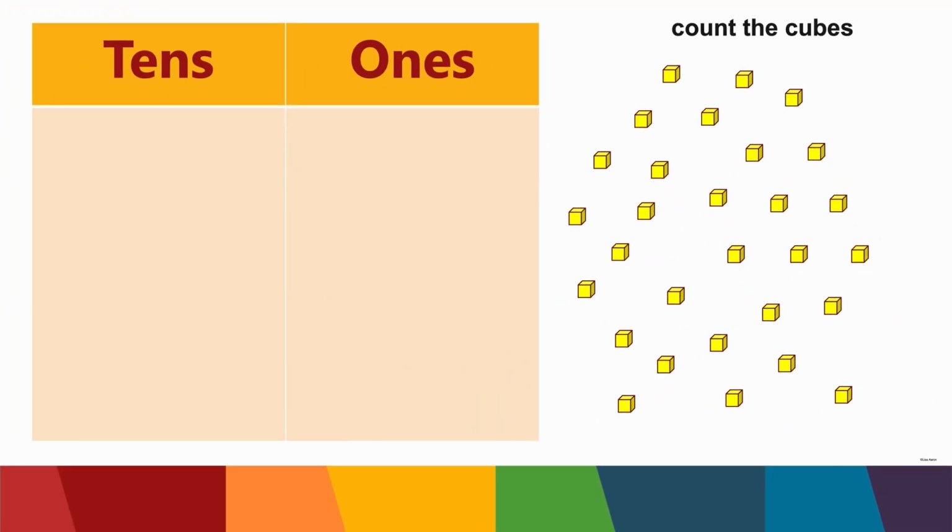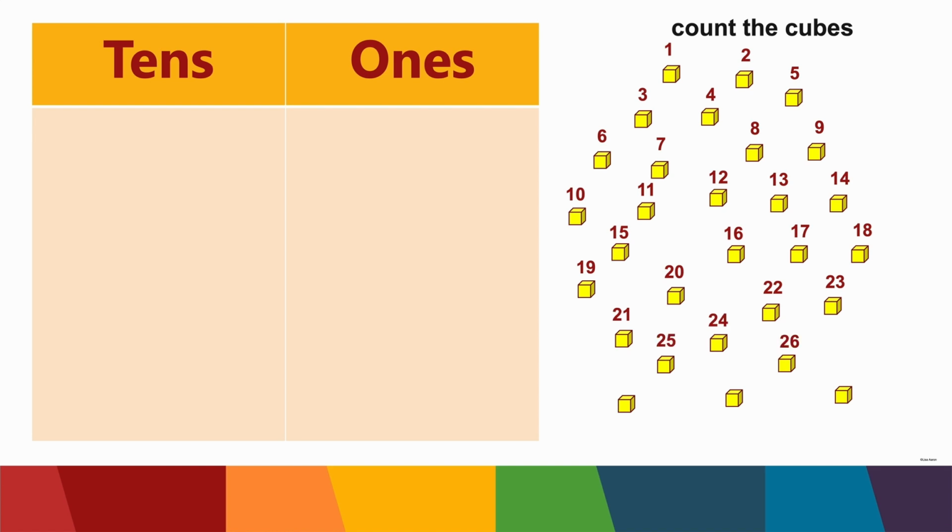Count the cubes. 1, 2, 3, 4, 5, 6, 7, 8, 9, 10, 11, 12, 13, 14, 15, 16, 17, 18, 19, 20, 21, 22, 23, 24, 25, 26, 27, 28, 29 cubes.